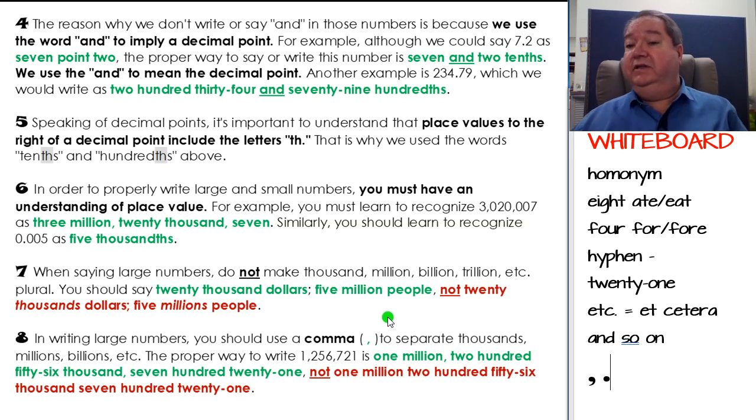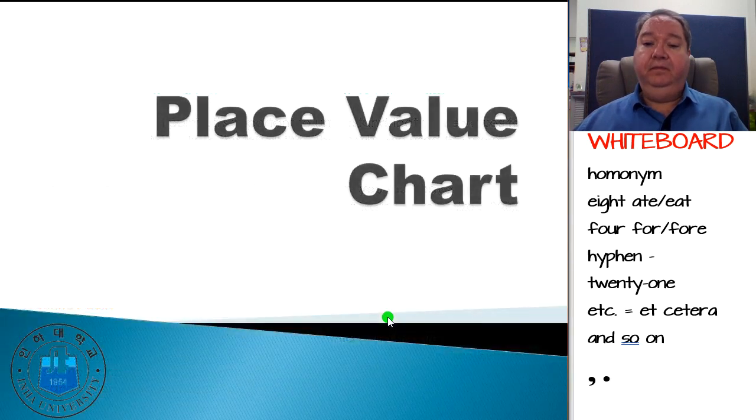Okay, so keep this. I have uploaded the PDF file, so you can print that out if you want to. And this mentioned place values. So the next thing I want to look at is what's called a place value chart, or a table. I have also uploaded this already to Blackboard.